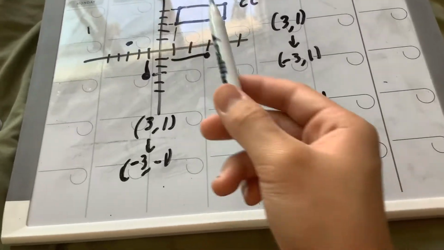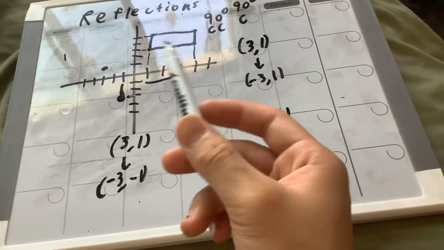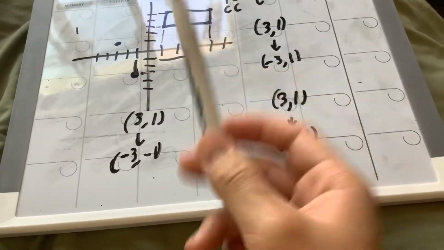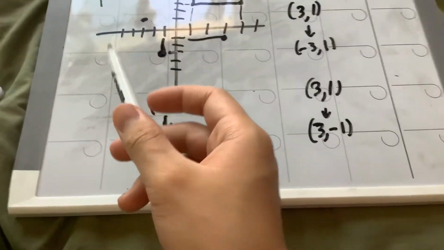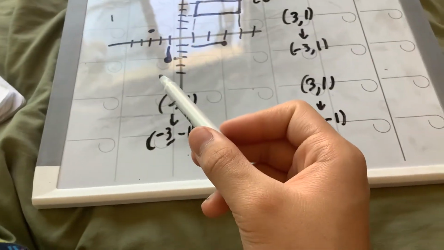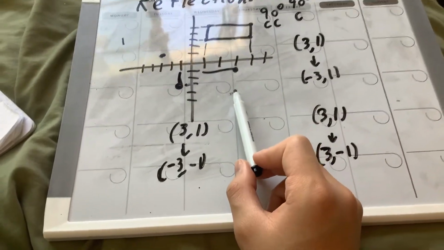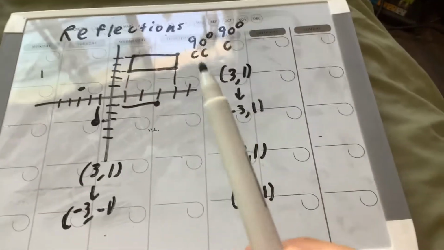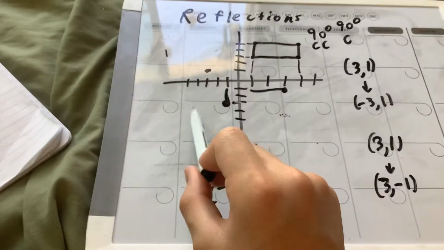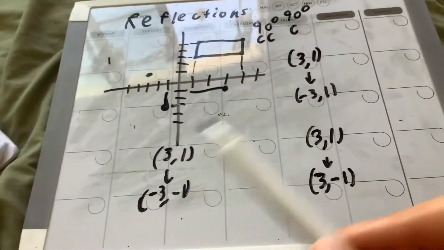The second quartile, everything's positive. The third quartile is over here, so the third quartile would make the y value negative. The fourth quartile would make both values negative.